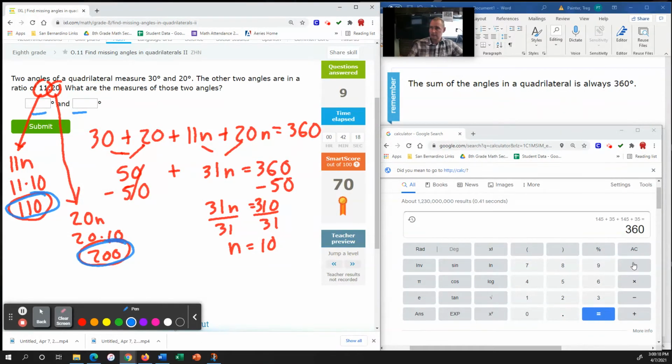Before I submit it, let's double check it. 110 plus 200 plus 30 plus 20 equals 360 degrees. So we can plug in 110, and we can also plug in 200, and we absolutely get it correct.